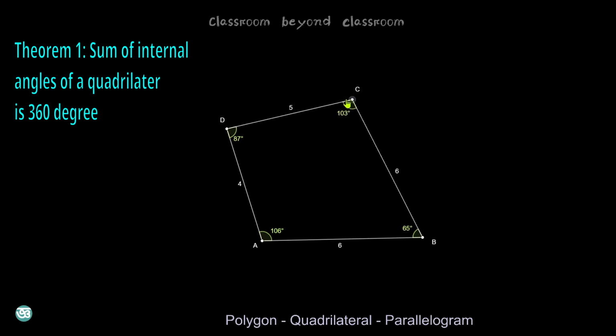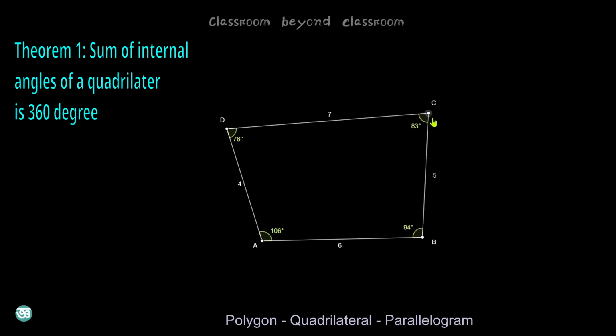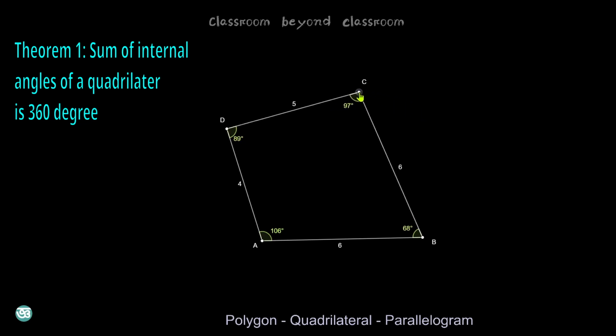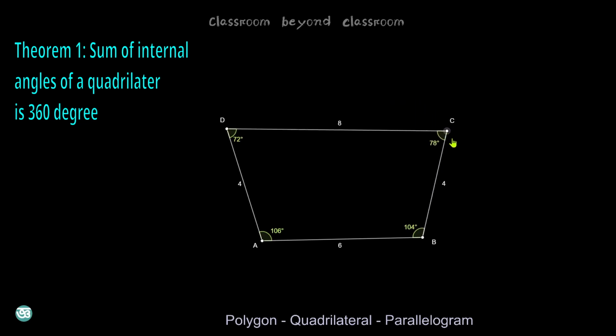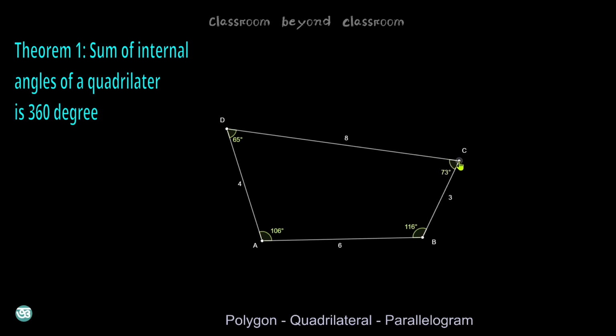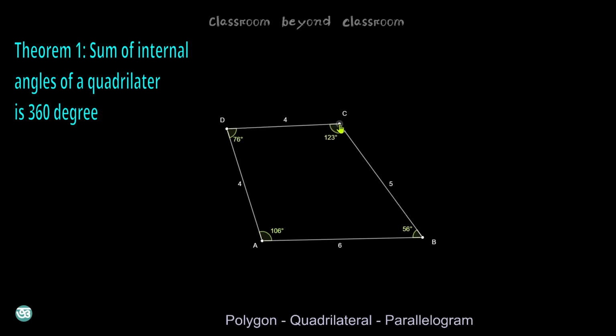Now if I change the position of vertex C, you can notice that the internal angles are changing. At this position the internal angles are 160, 73 and 65. If I take it to this position, it becomes 56, 123 and 75.